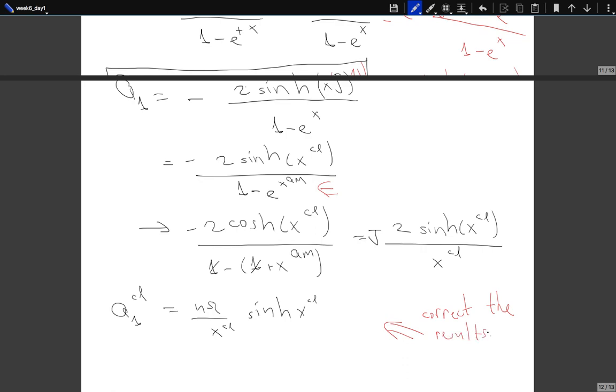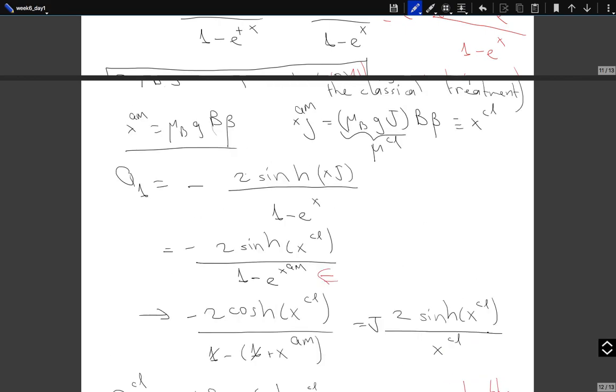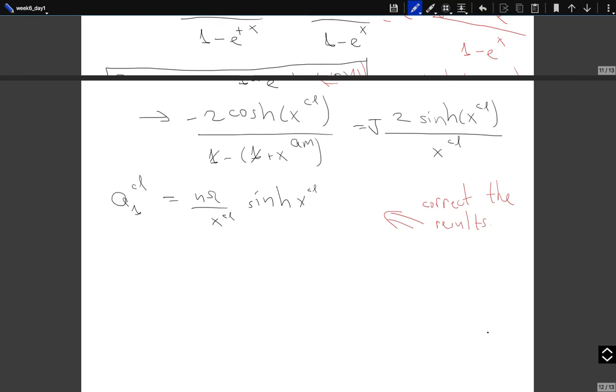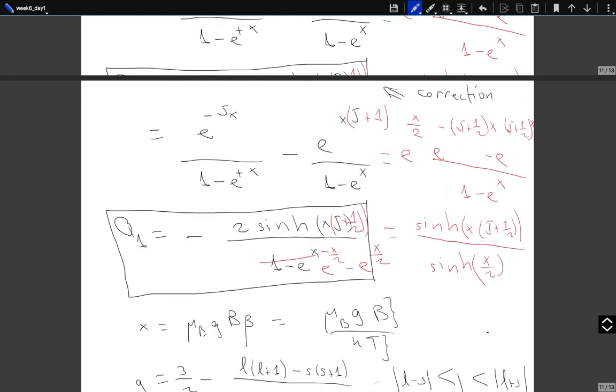So let us just go to today's lecture. So this is our corrected partition function.